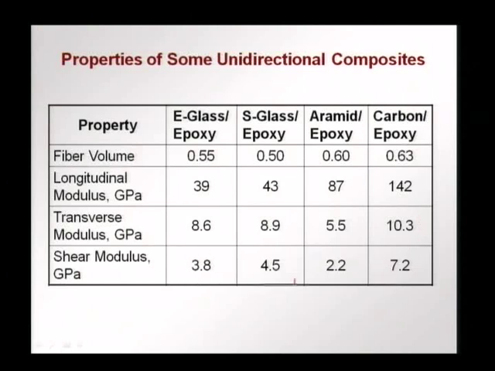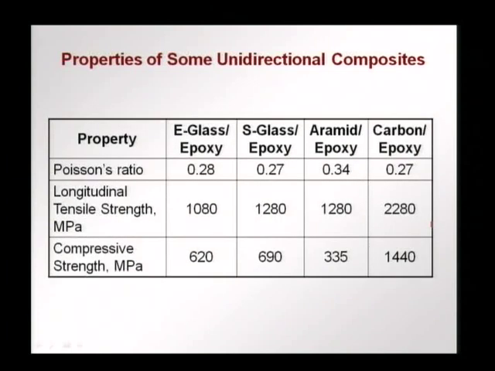And this is the shear modulus, ranging from 2 in aramid to about 4 in the case of glass to about 7 gigapascal in the case of a carbon fiber reinforced epoxy.